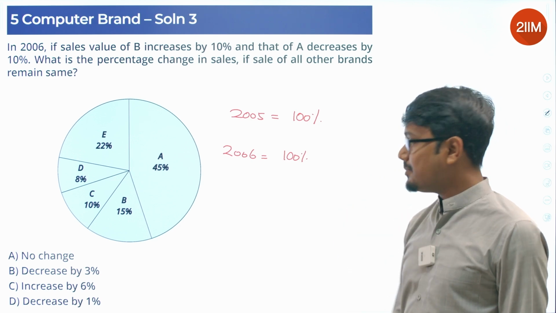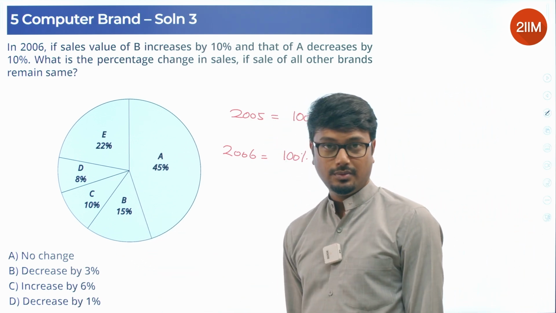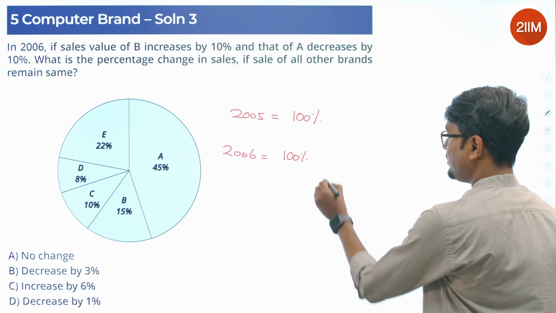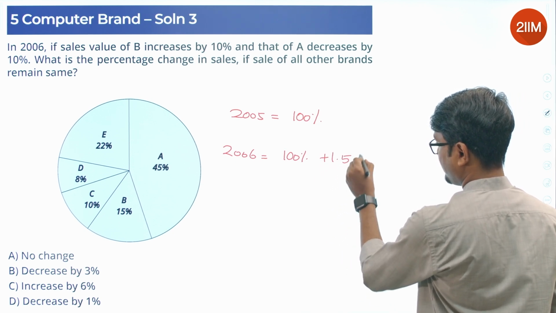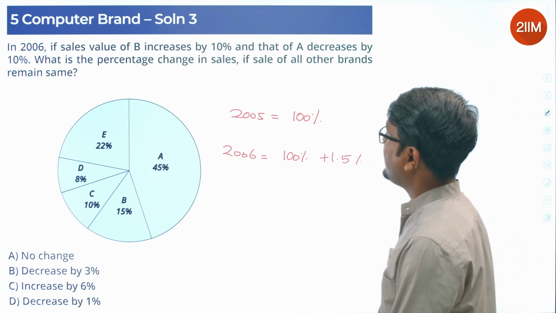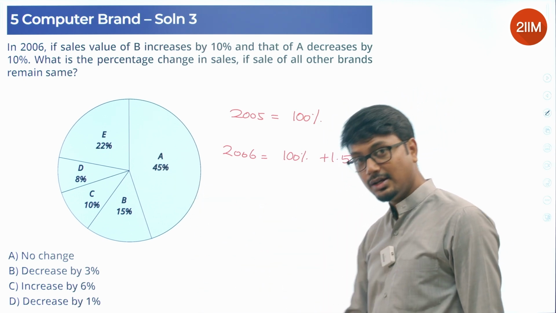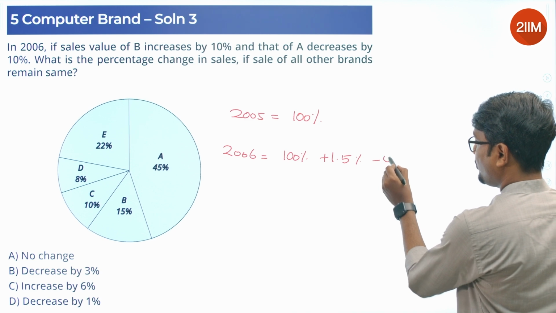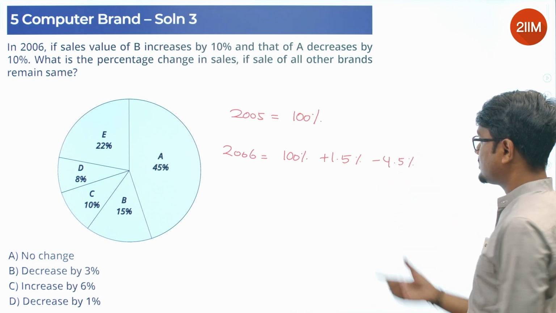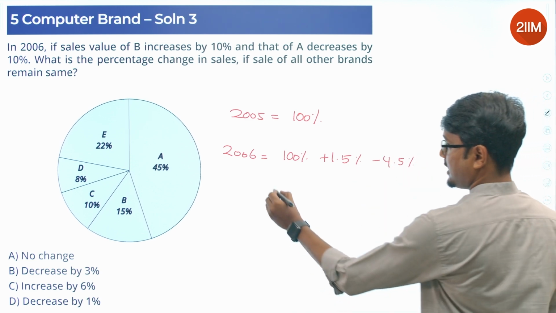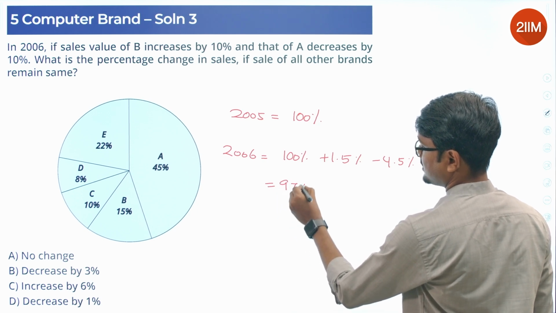B increases by 10%. What is B? 15. What is 10% of 15? It is plus 1.5%. And A decreases by 10%. So 10% of this has got decreased. So minus 4.5%. So it is technically minus 3. So it is becoming 97%, right?